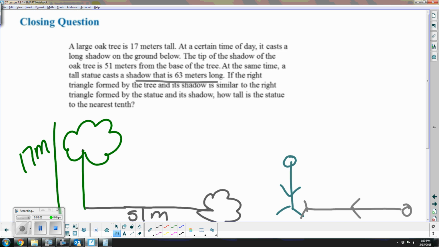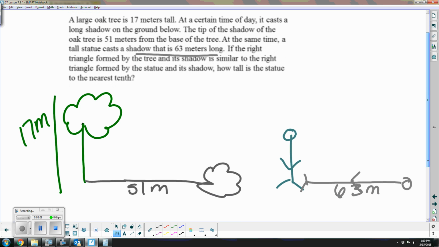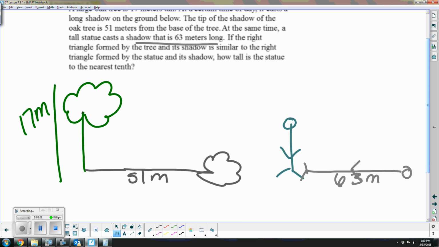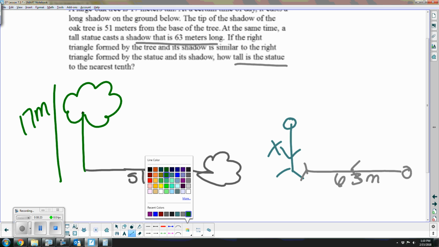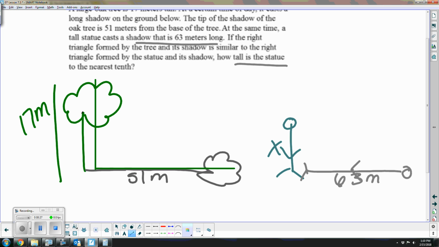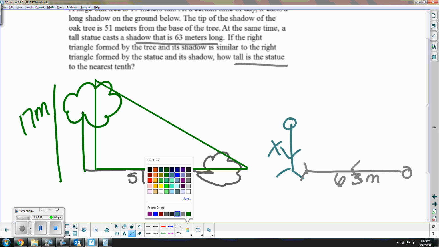And it measures 63 meters. Now my question is, how tall is the statue? So here's where it's helpful to have my diagrams, because I'm going to use those to make triangles. So here's a triangle. And then here's another triangle.